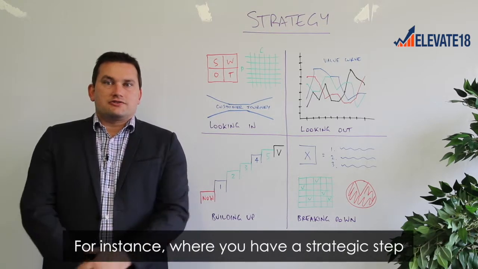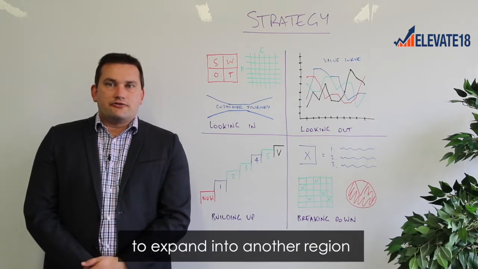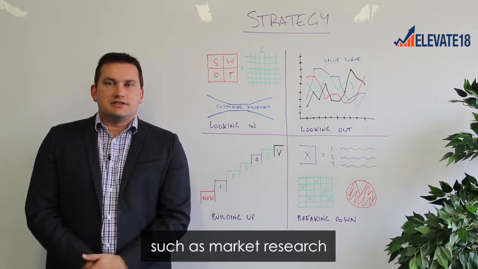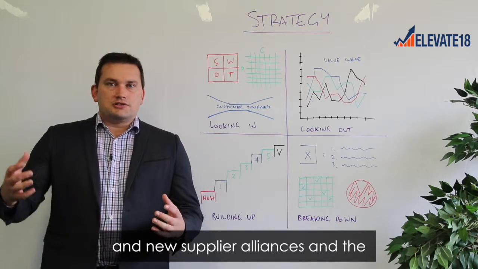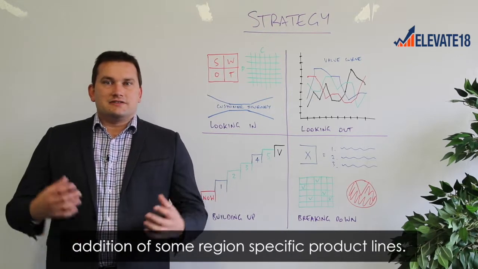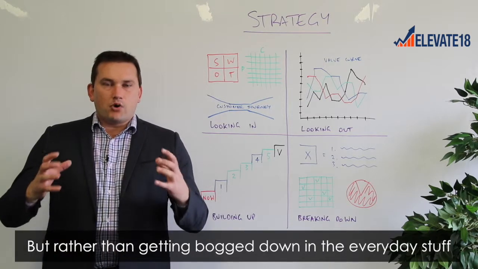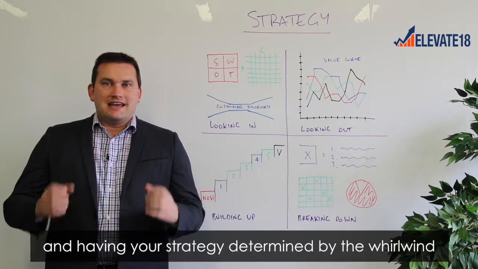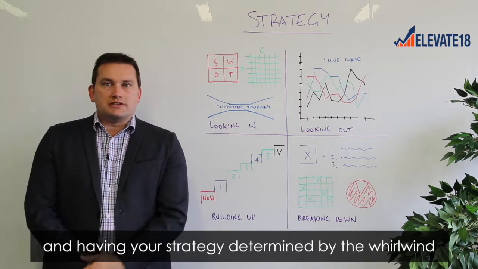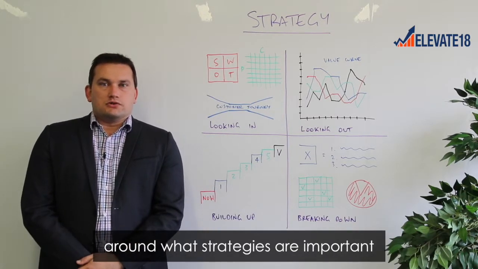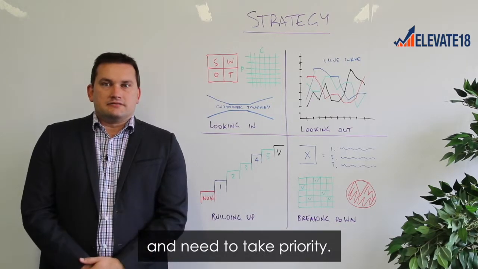For instance, where you have a strategic step to expand into another region, you might break this down into some individual strategies, such as market research and new supplier alliances and the addition of some region-specific product lines. But rather than getting bogged down in the everyday stuff and having your strategy determined by the whirlwind, you actually have some clear direction around what strategies are important and need to take priority.